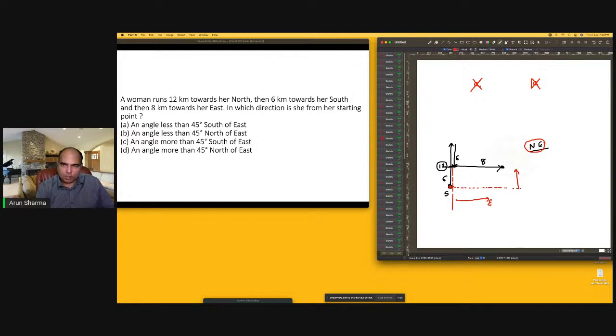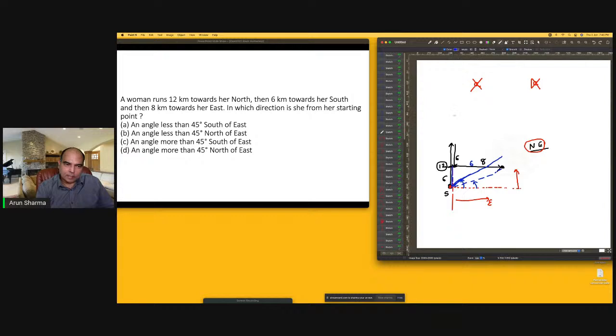For that, you need to check this 45-degree line. For the 45-degree line, if this is 6, this will also be 6. So this is an angle of 45 degrees north of east. So my angle for this point is a smaller angle in terms of north of east.